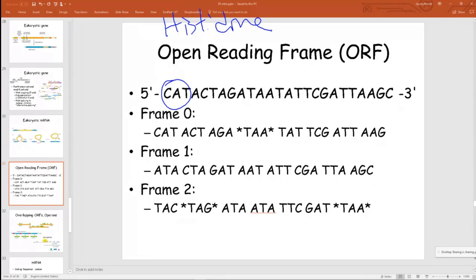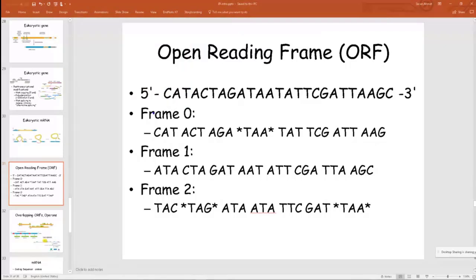Whenever we see a CAT, the ribosome will produce a histidine. And this correspondence is not done by binding, by having histidine being directly complementary to CAT. There's going to be some sort of adapter molecules that manage this. These adapter molecules are called transfer RNAs, as we will see in the next few slides.